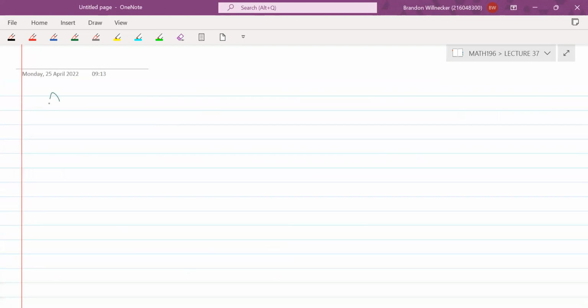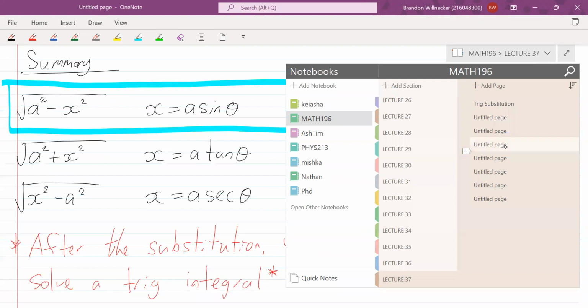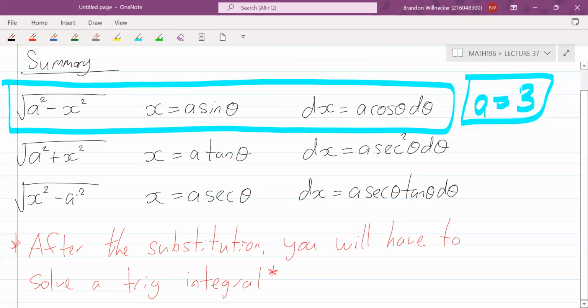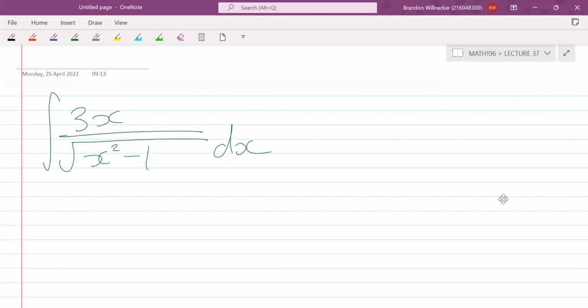We're going to have the integral, let's say, 3x over the square root of x squared minus 1. If we go back to the table quickly, we see that here a is equal to 1. We've got the root of x squared minus a squared, but in this problem we've just got a 1 over there. So a is equal to 1.